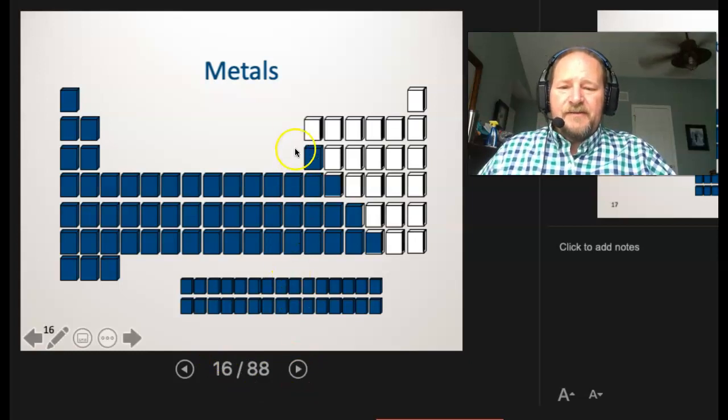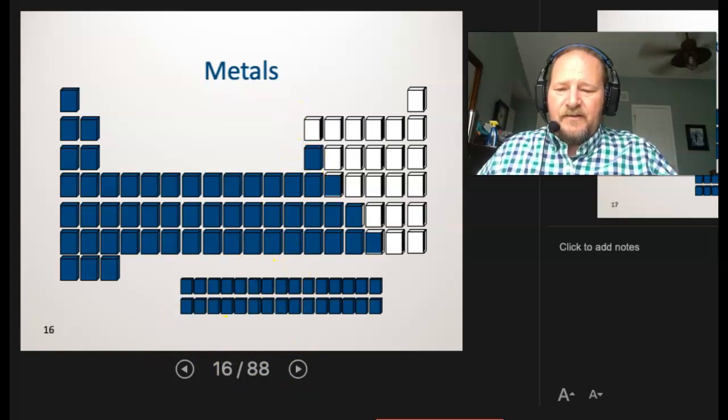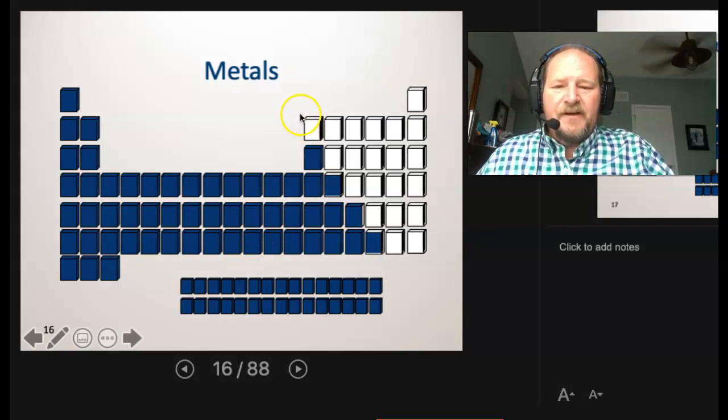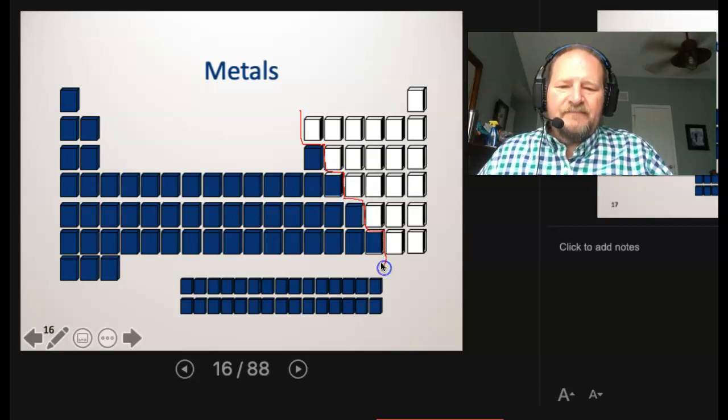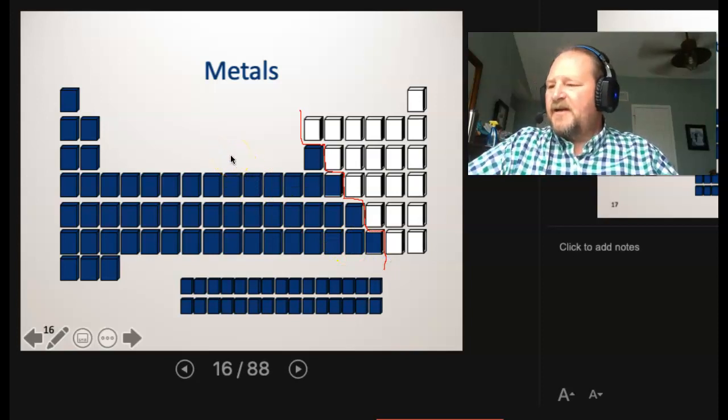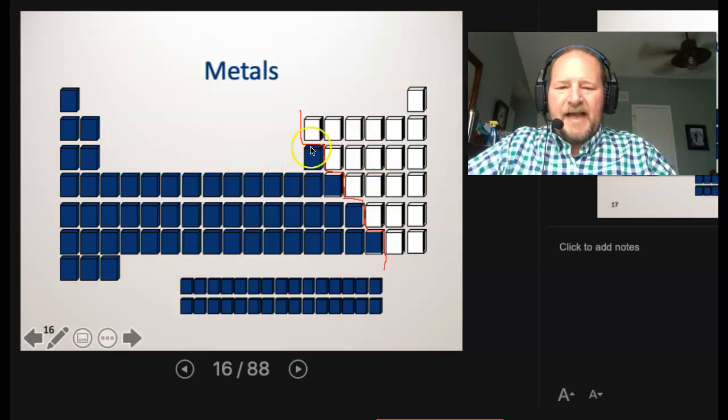So metals are going to be everything on the left side of what we call the stair step. A lot of periodic tables end up with a real bold line that cuts right on down. The one in my textbook has black lines outlining all the elements and then a bold white line cutting it down.